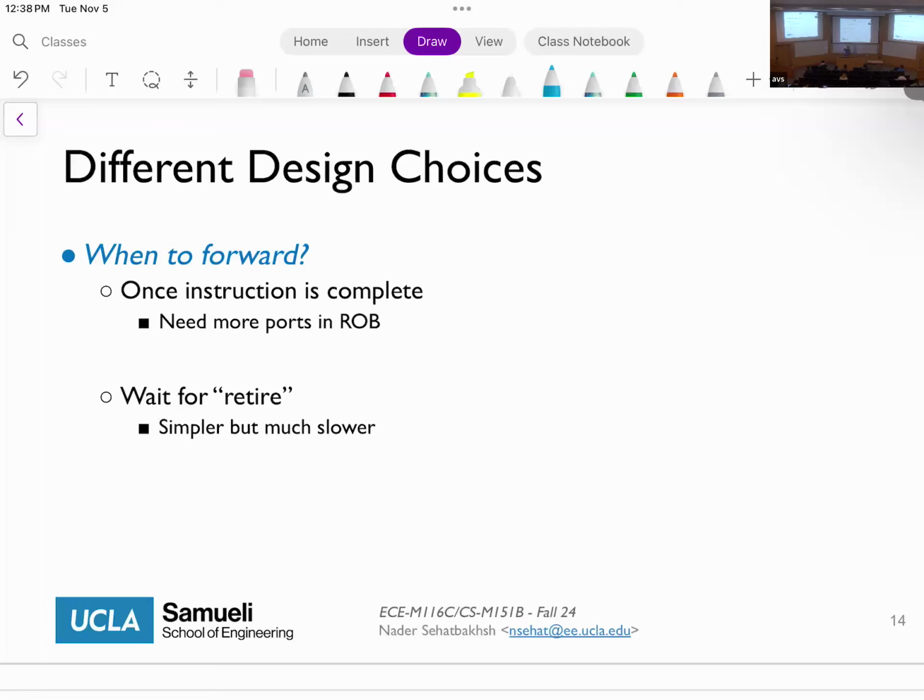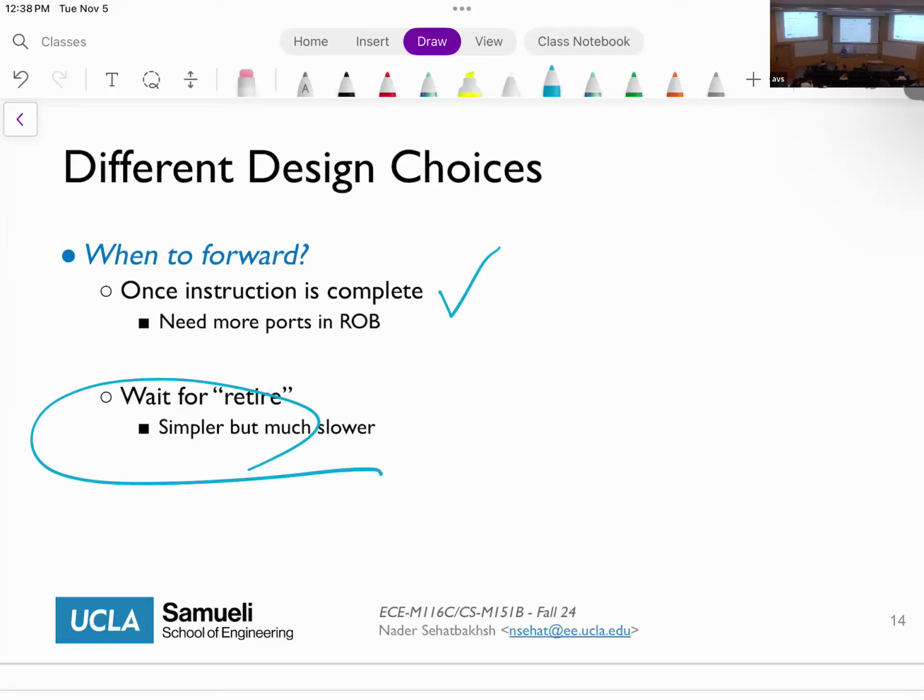Because we let lots of things be forwarded. We might update the register file and all that. An easier solution would have been that we don't forward until we retire. But remember, that means that things will be much, much slower. So we typically don't do this. We almost always forward at complete.